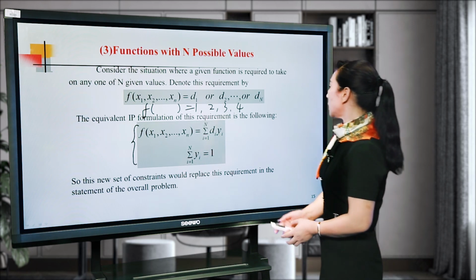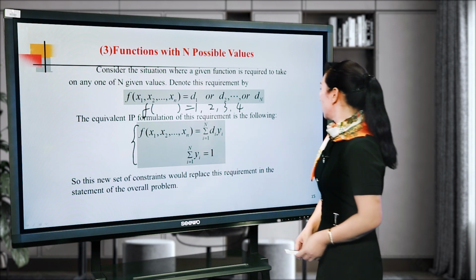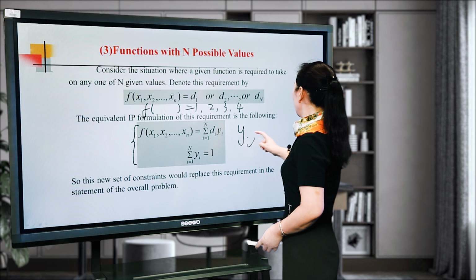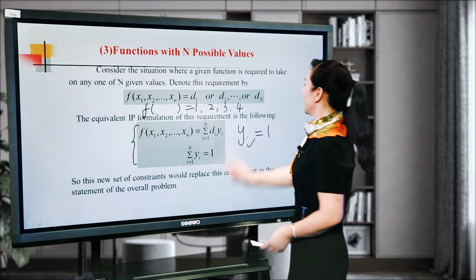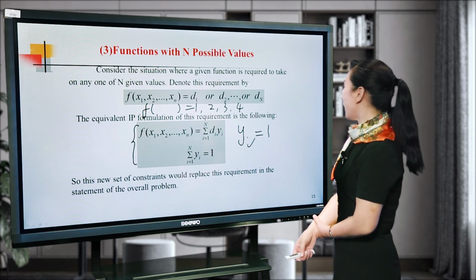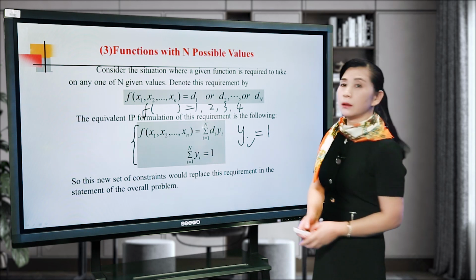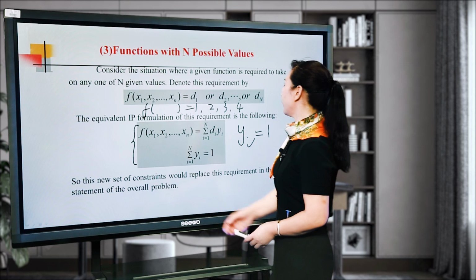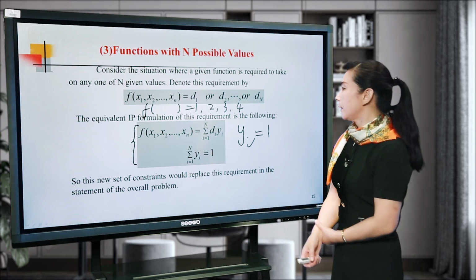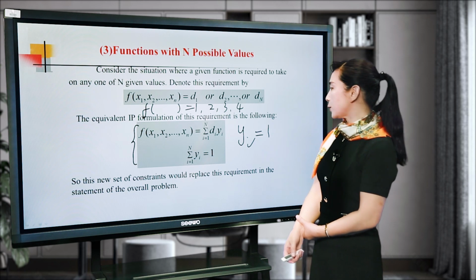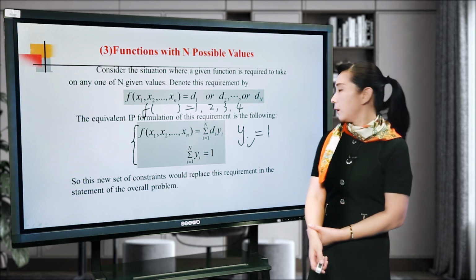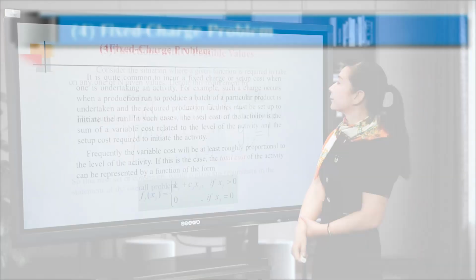We notice that in these constraints, if yi equals 1, then f is equal to di. If yi equals 0, then f equals other numbers. So this new set of constraints would replace these requirements in the statement of the old program.